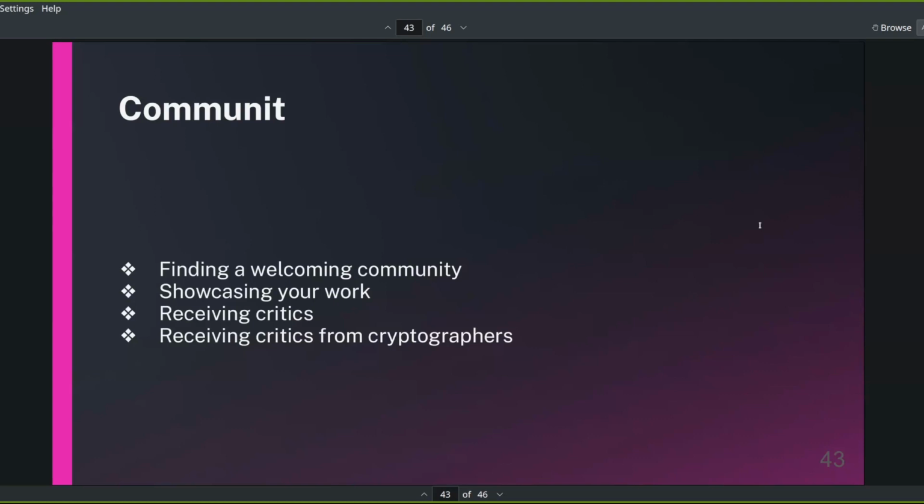The first time, it will not be personal, because they are solicited left and right by people thinking they found something groundbreaking. But yeah, it can be a bit abrupt. So if you want to receive critics, start with your community. Hopefully there are more senior ZK cryptographic engineers in there.